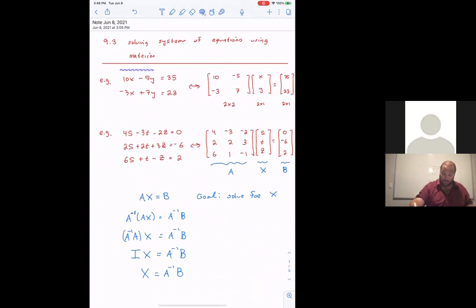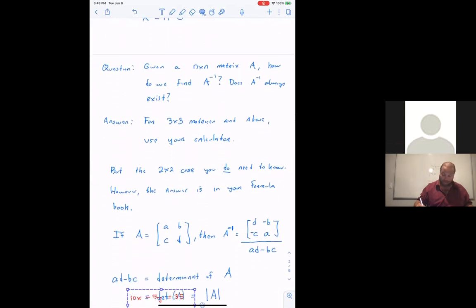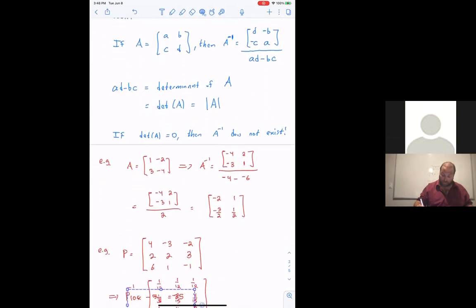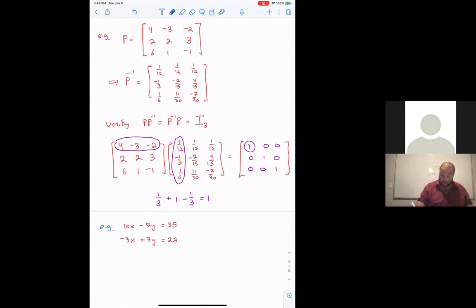So I'm going to copy this: 10x minus 5y equals 35, and -3x plus 7y equals 23. And we already know that this is equivalent to the matrix 10, -5, -3, 7 times x, y equals 35, 23.